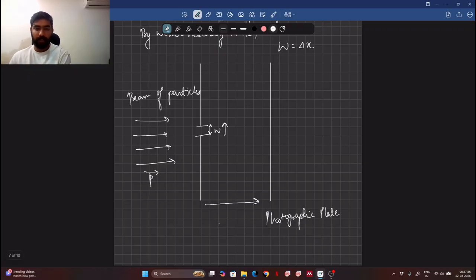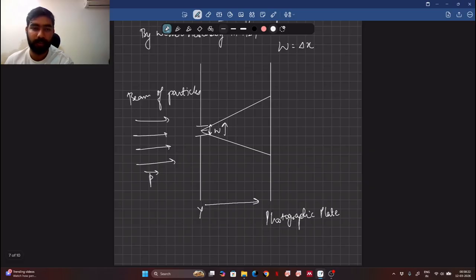This direction we can assume as y, and this direction is x. We can see the spread of particles when it is crossing the slit.